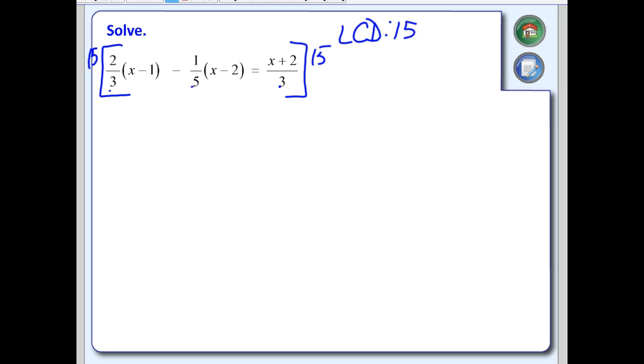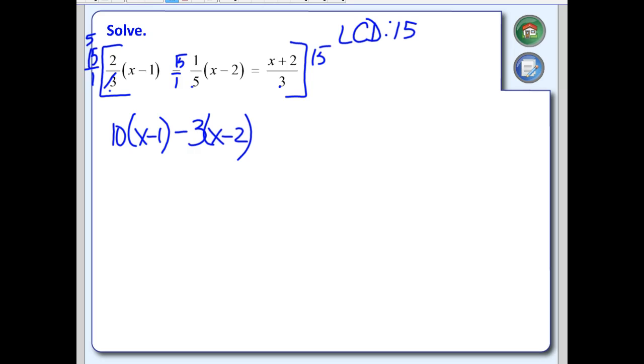Now, when I look at the first part, if I make 15 over 1, times 2/3, well, this will cancel and get me a 5. And so when I look there now, I've got 10 times x minus 1. We're going to multiply this by 15 over 1. And what are we going to get? Yeah, that's right. We've got a minus sign in the middle, and then we've got 3 times x minus 2.